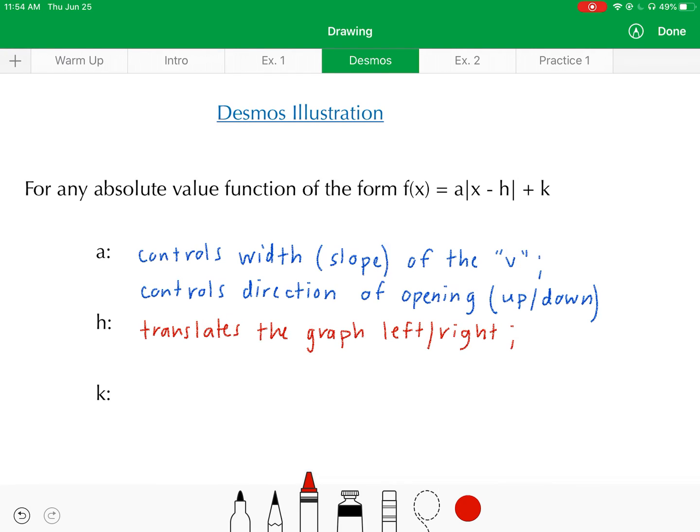And we'll say it controls the x coordinate of your vertex.